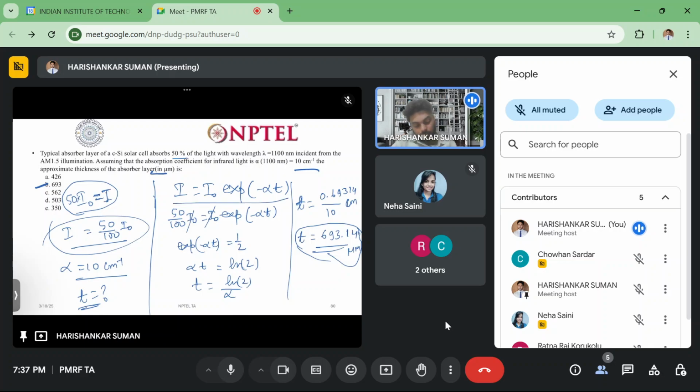So use this relation: I equals I naught exponential minus alpha t. Alpha is the absorption coefficient, t is the thickness of the material. So 50% absorption corresponds to a thickness of 693.14 micrometer.